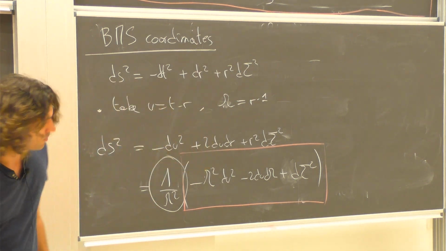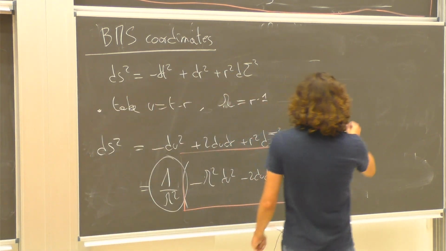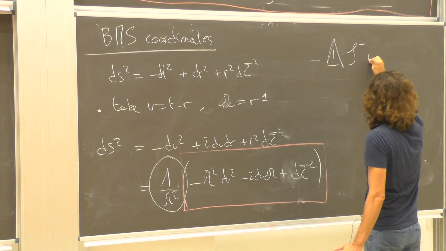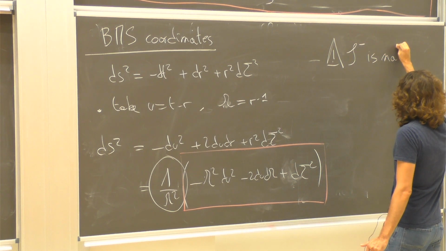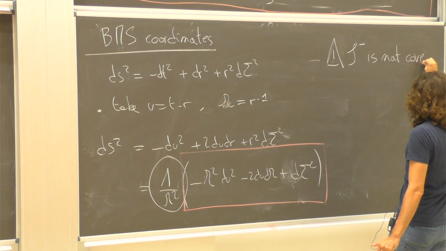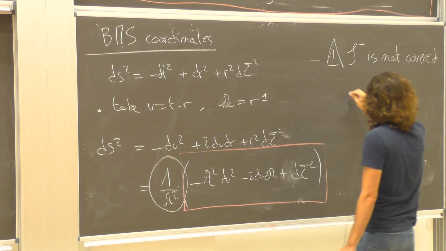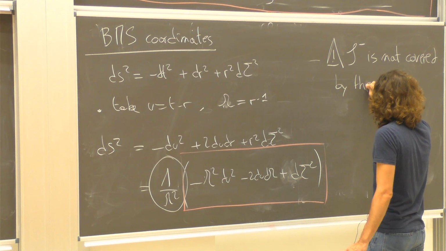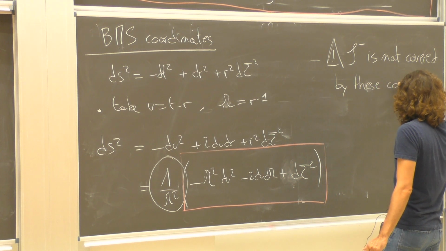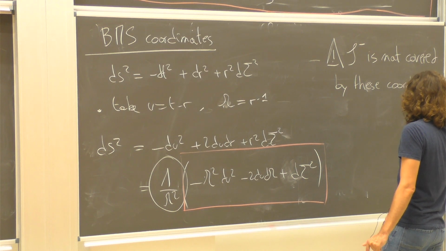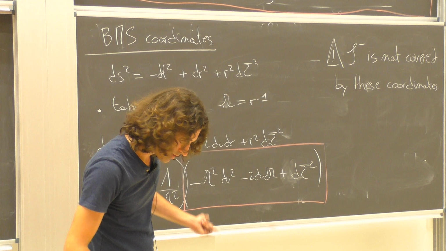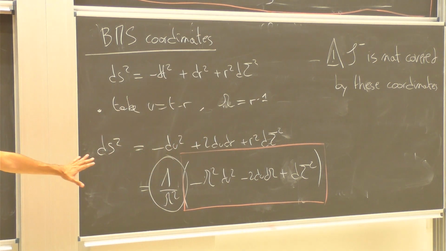Yeah, so something important here is that scri minus is not covered here. But it turns out that this was the right type of coordinates that you want to generalize in the asymptotically flat case.